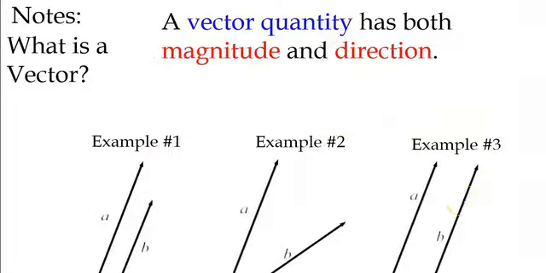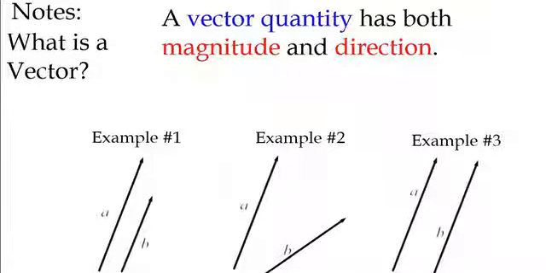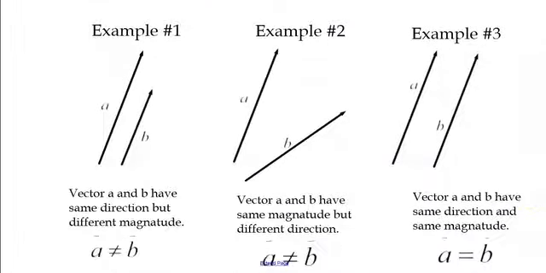So, like we were talking about before, a vector quantity has magnitude and direction. Okay, so this is an example of two vectors. They are not equivalent because they both have the same direction, but they don't have the same magnitude. Magnitude can also be thought of as length, so they don't have the same length.